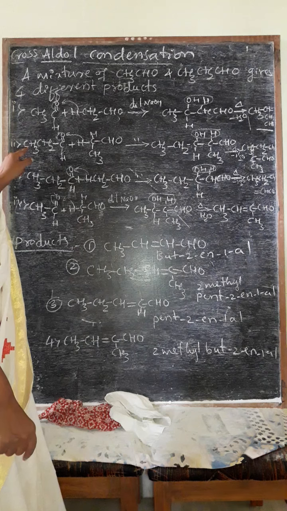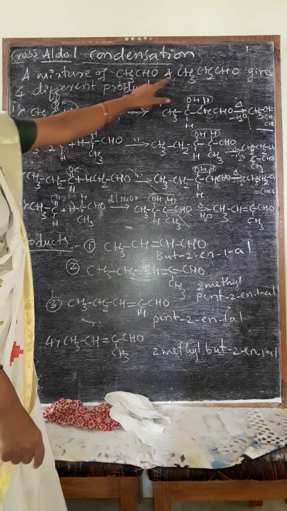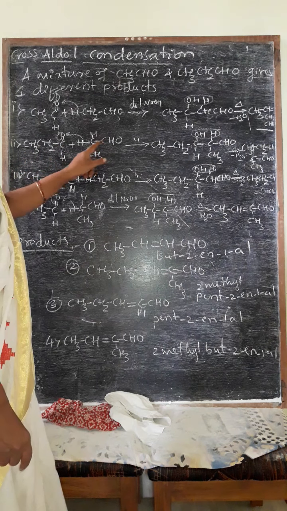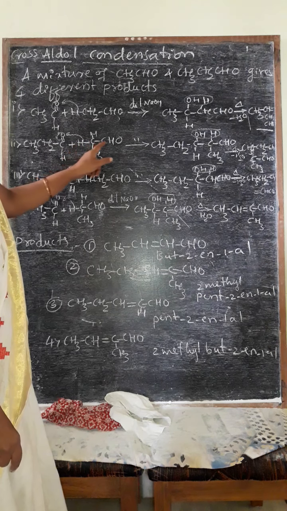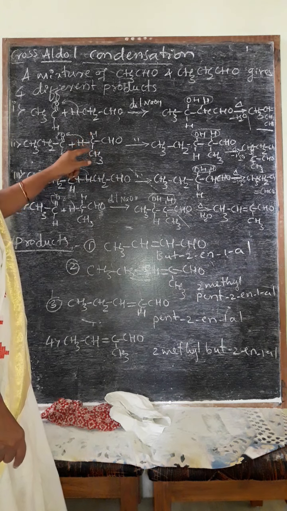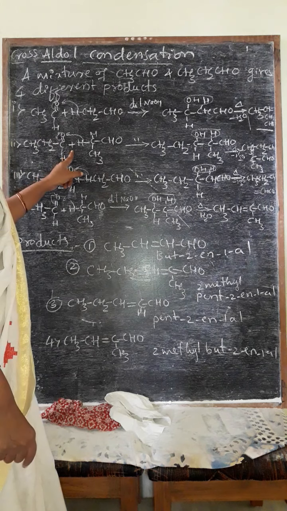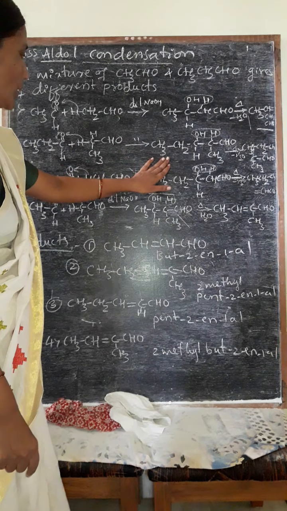Next, I will take a similar molecule, propanal, CH3CH2CHO, and another CH3CH2CHO. The representation is somewhat different because of the elimination of that water molecule.